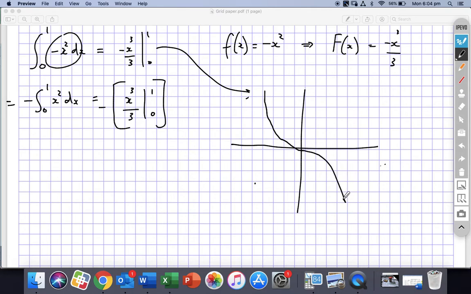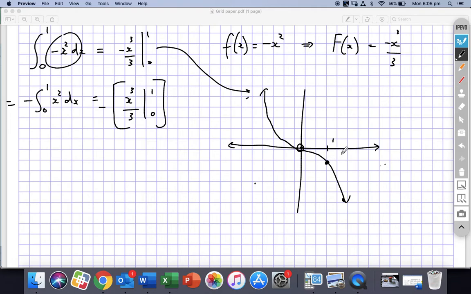Sorry, this is hard to draw with a pen. We're going from 0 to 1, so you take whatever the value is at 1, spoiler alert, it's minus a third, and you subtract away 0. Because this function's decreasing for this interval, and because we're below the x-axis, we're ending up with negative values.